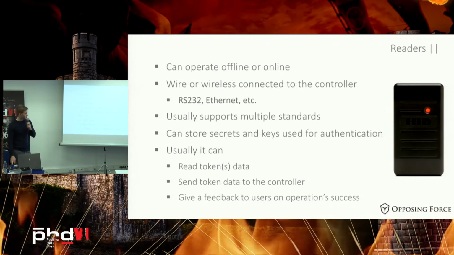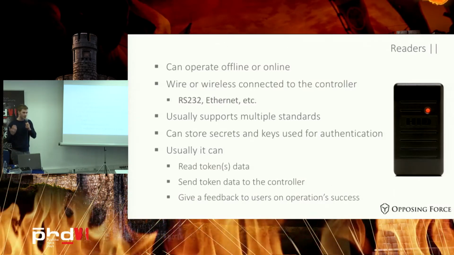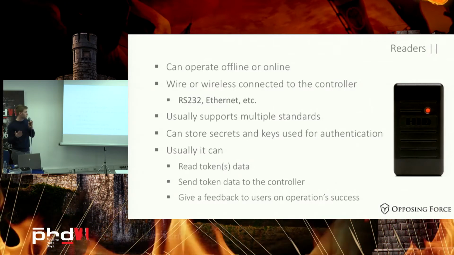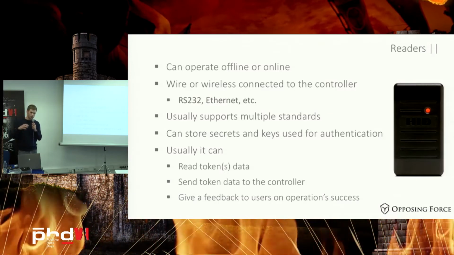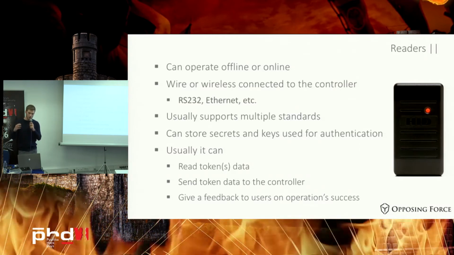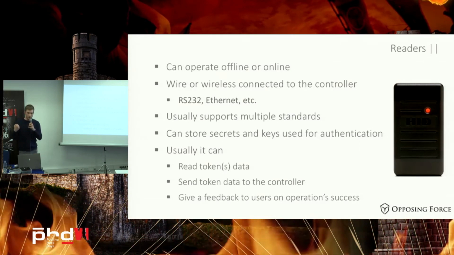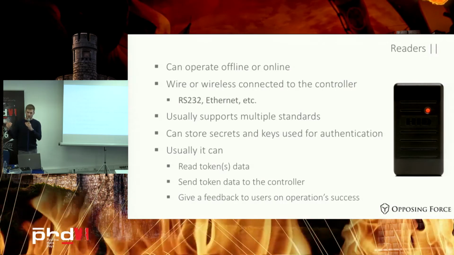Then we have the readers. The readers usually operate online, I mean with the backend systems, but they can also operate offline in some cases, in small offices or whatever. If they operate offline, that means they store all the details of the authorization codes inside the reader. So if you can open the reader and dump its memory, you can probably get access to all those details.